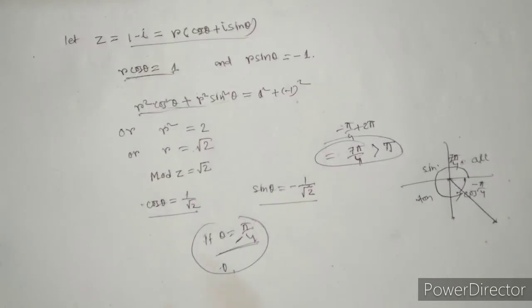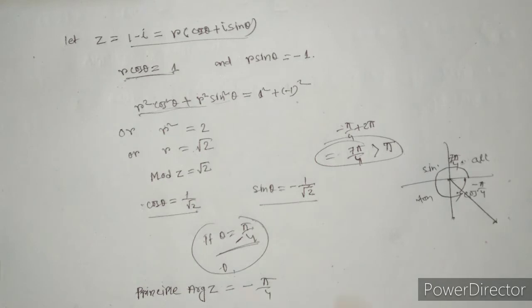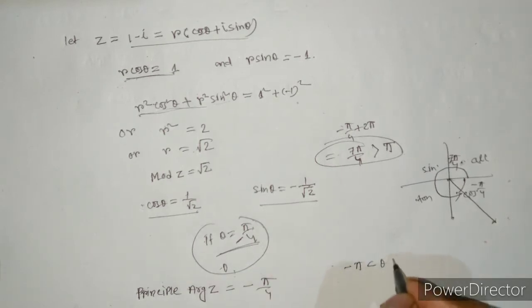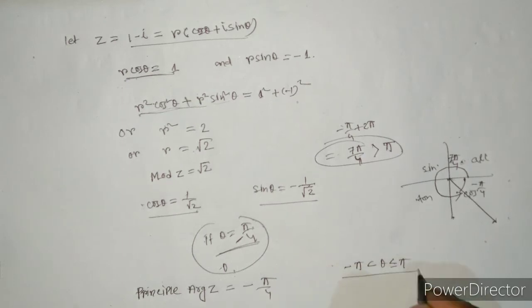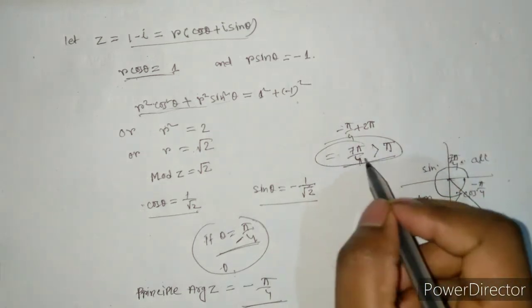So we write principal argument equals minus pi by 4, which satisfies the relation minus pi less than theta less than or equal to pi. So this is the principal argument, and this is an argument but not the principal argument.